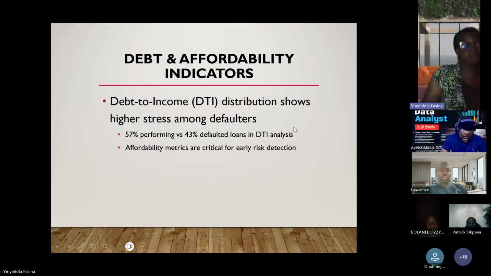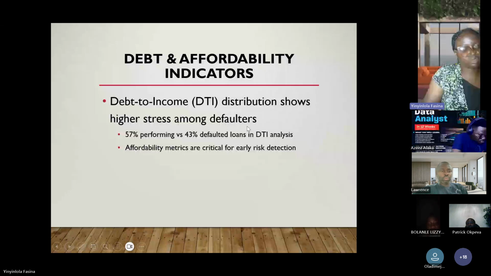For the debt to income distribution, 57% performing versus 43% defaults in the income analysis. The affordability metrics are critical for early risk detection. So this is the dashboard for the loan structure.